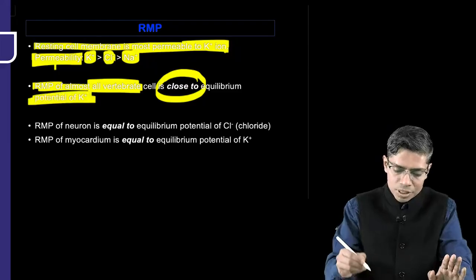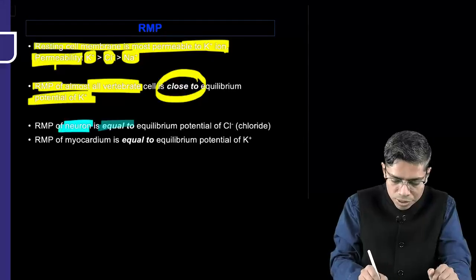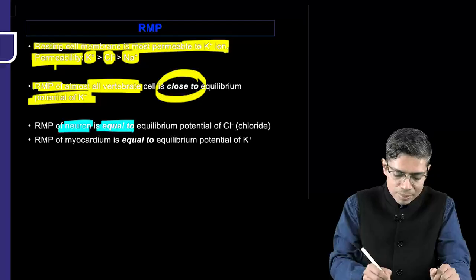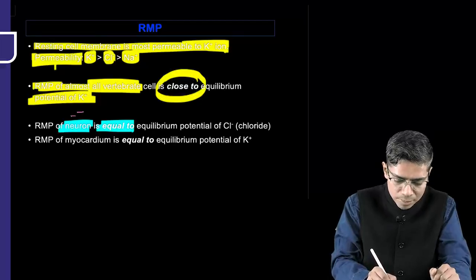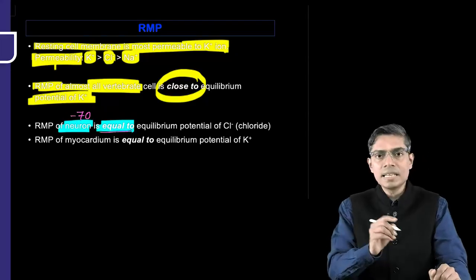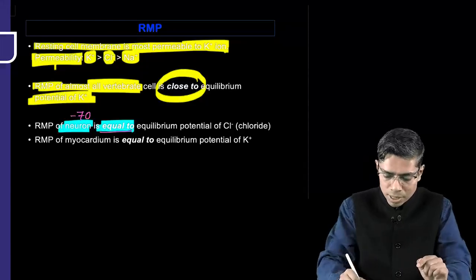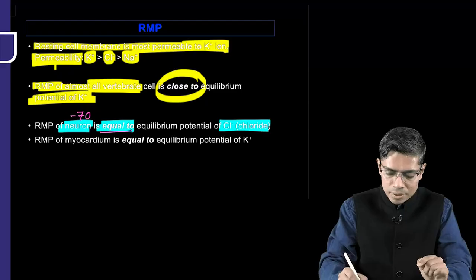But whenever the question is "equal to", say the RMP of neuron, that is minus 70 millivolt, just now we have discussed, and it is exactly equal to the chloride equilibrium potential, because that is also minus 70.